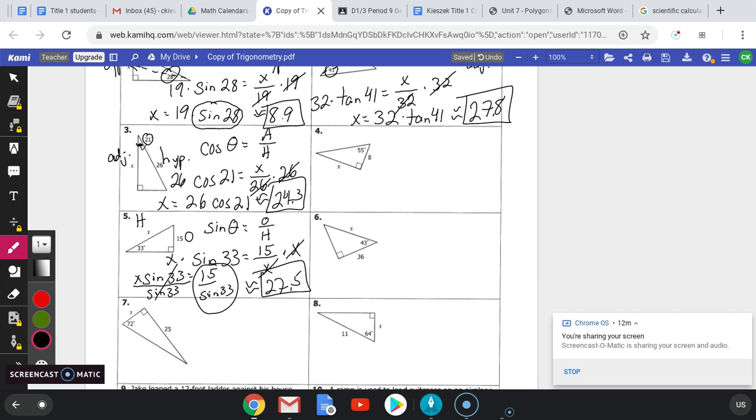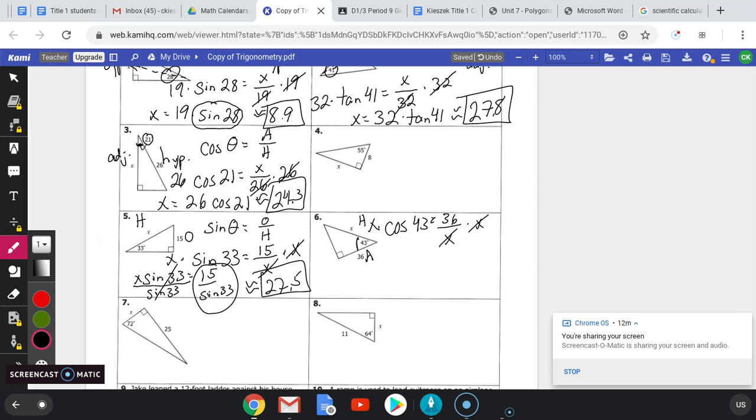I will do another one as an example. So this 43 degrees, what's the relationship with the sides? This is the adjacent, that's the hypotenuse. So the trig function is cosine. Cosine of 43 equals adjacent over hypotenuse.